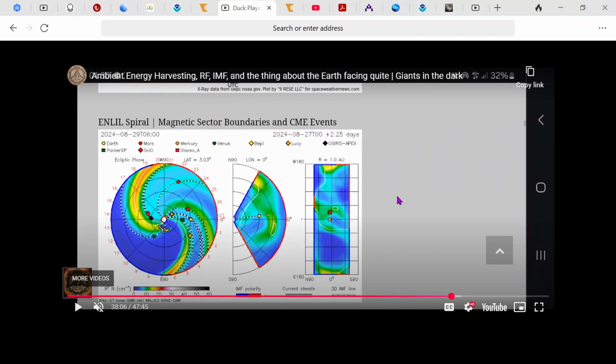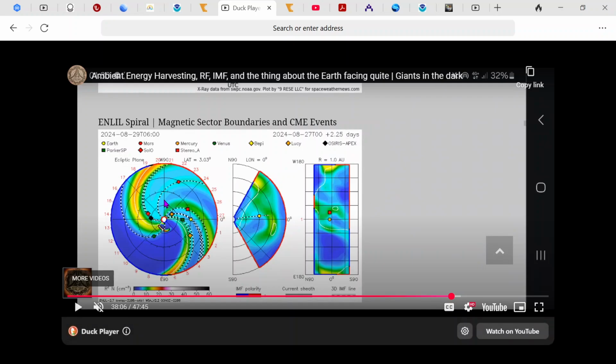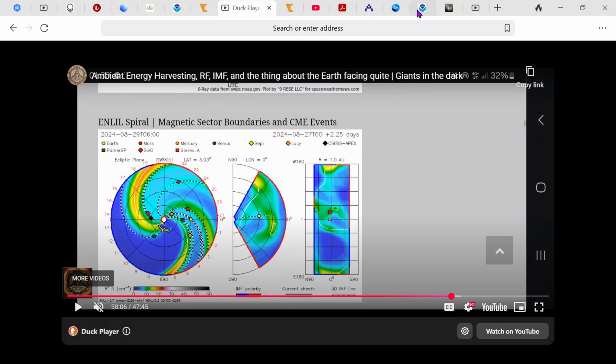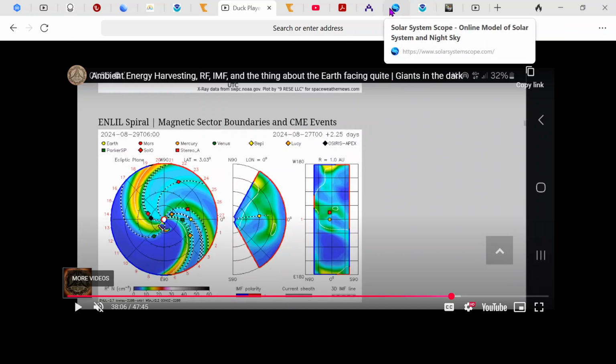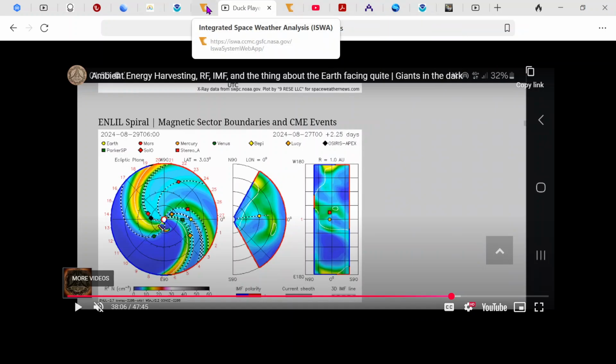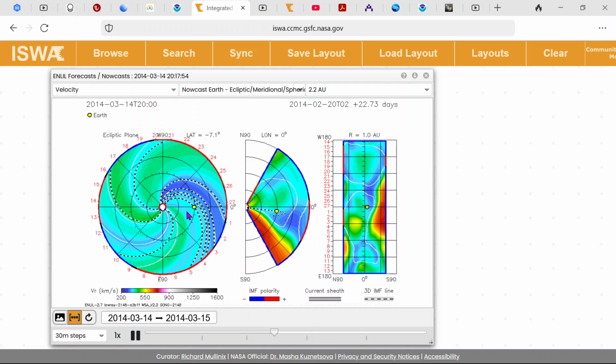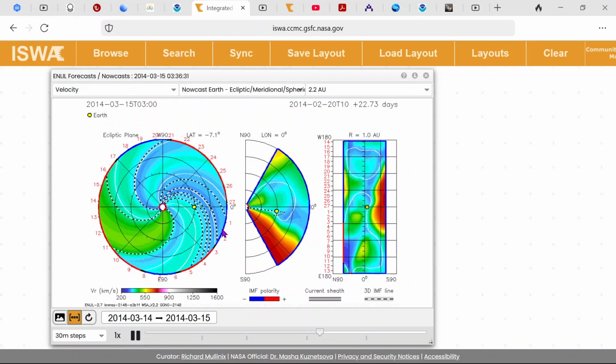So I thought that I have to go check this out and look what's going on at this moment, because I'm interested in what is going on in the next few days on a bigger scale on Earth and stuff like this. So I went to ISWA, and here we have the ENLIL forecast, nowcast, and I have been trying to find one of them, but here we have only Earth.